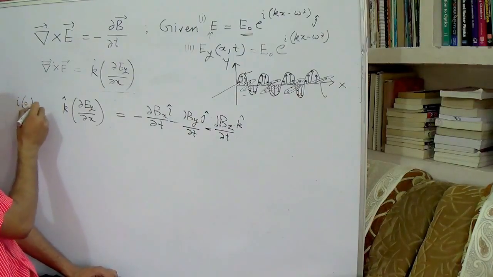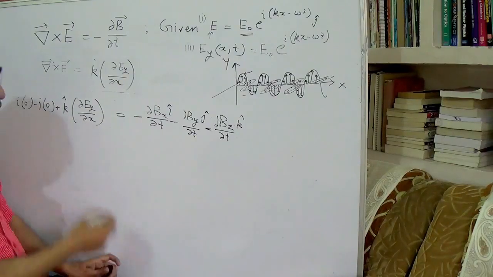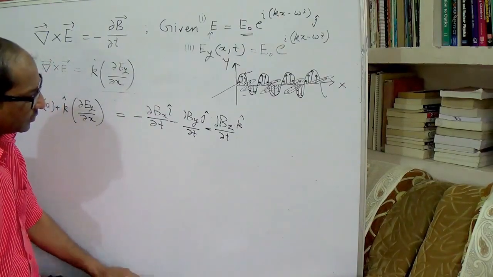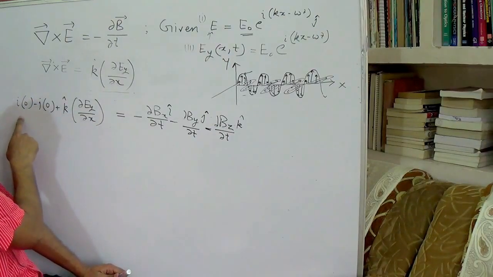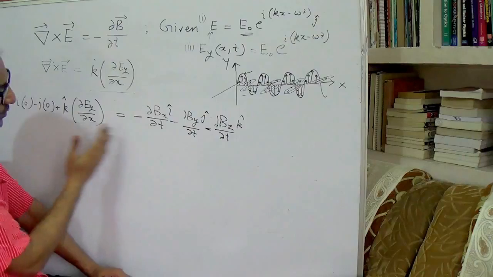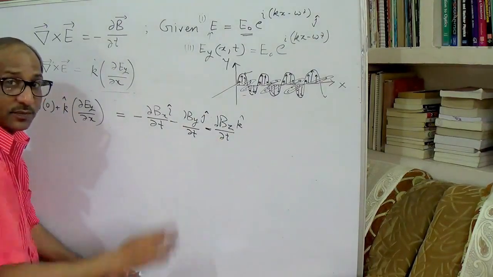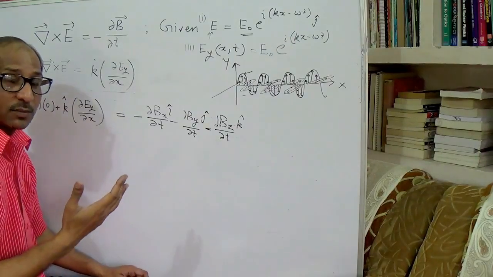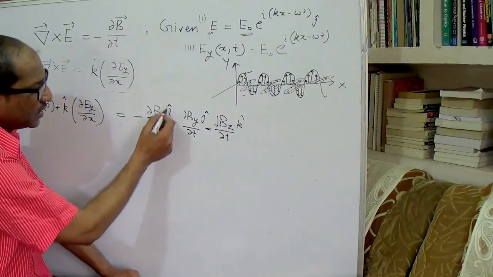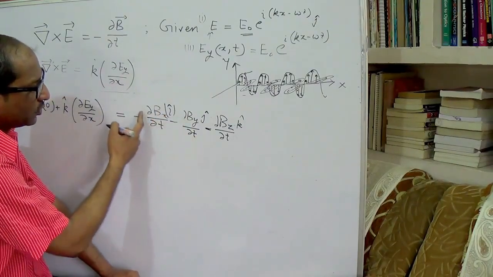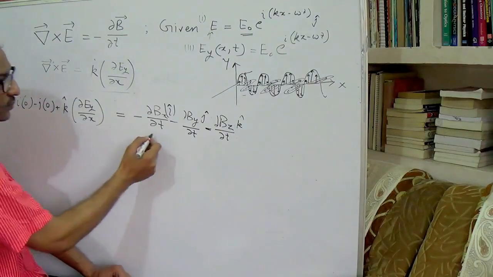The component of i is 0, minus j is also 0, and for k it is this one. Now this equal sign indicates that the components of i, j and k will be equal on both sides, so I am comparing both sides according to the components. When I compare the i component, del Bx upon del t is equal to 0.